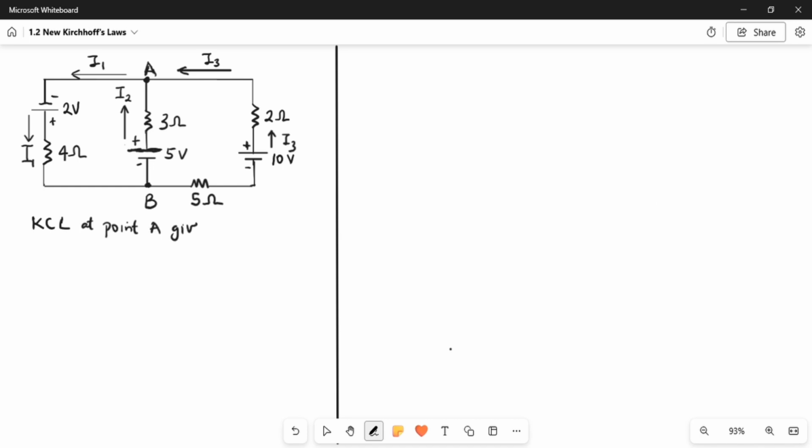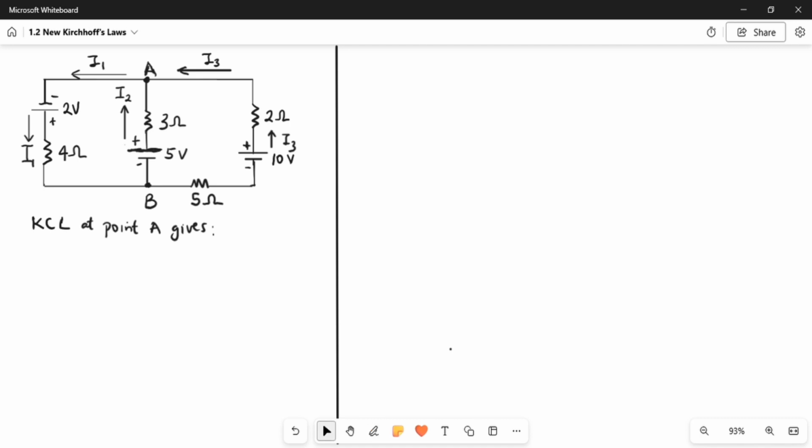gives us, that current law states that the amount of current entering a junction in a circuit is equal to the amount of current leaving that junction. So if we check, I2 and I3 are entering point A, which is the junction we are making reference to here, and I1 is leaving.